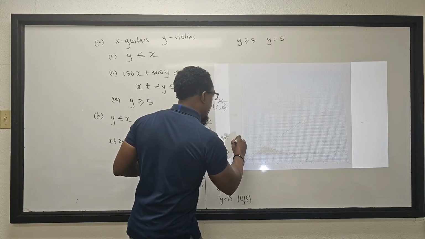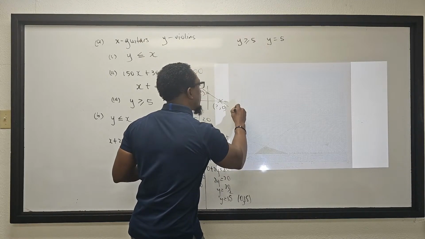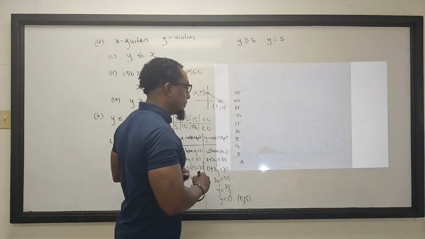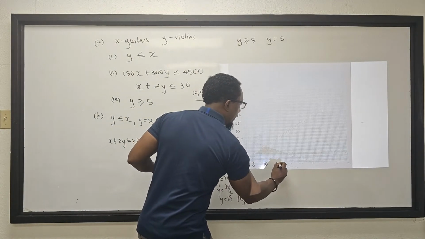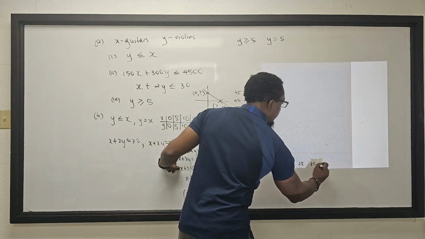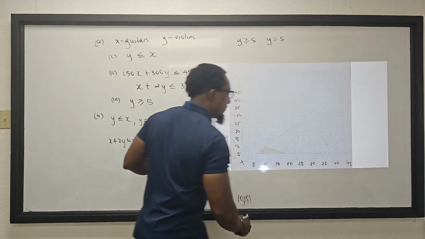This is 5, 10, 15, 20, 25, 30, 35, 40, 45. Good? This is 5, 10, 15, 20, 25, 30, 35, 40, 45.